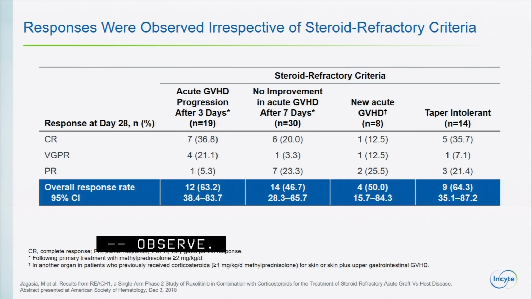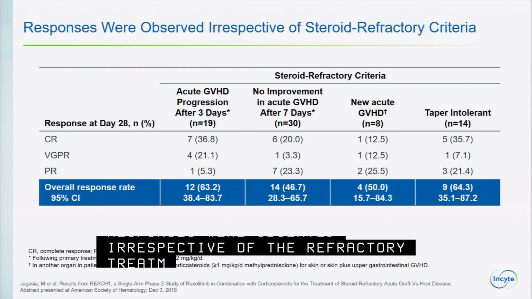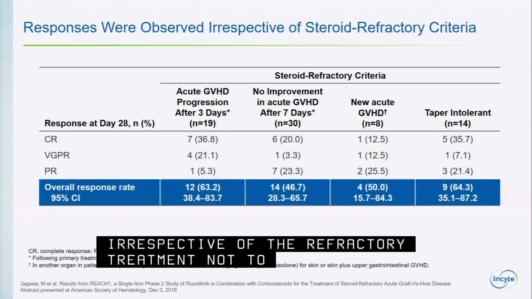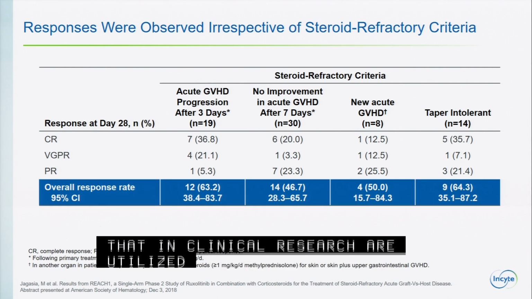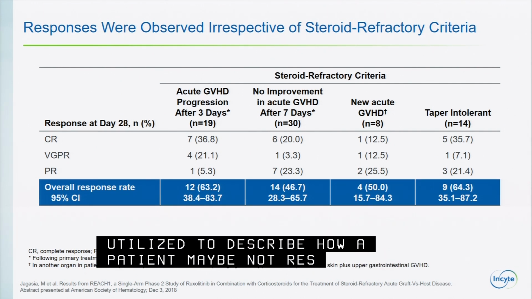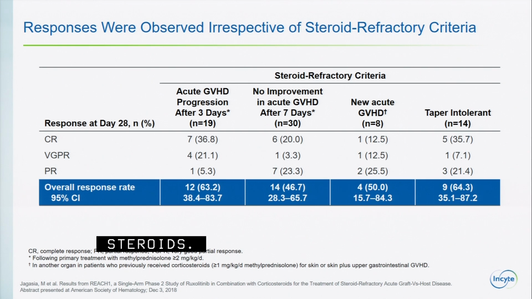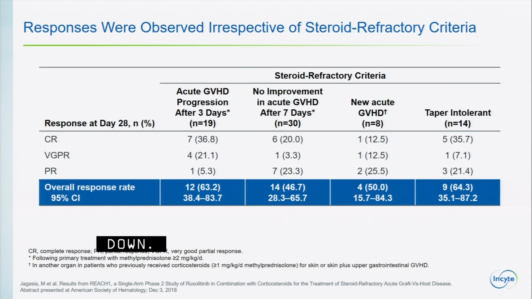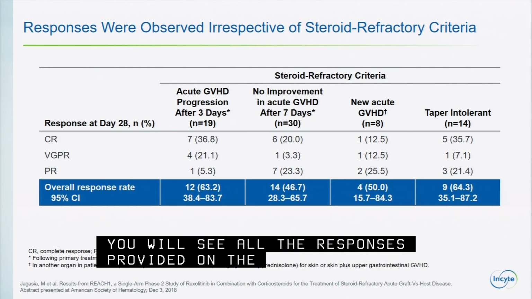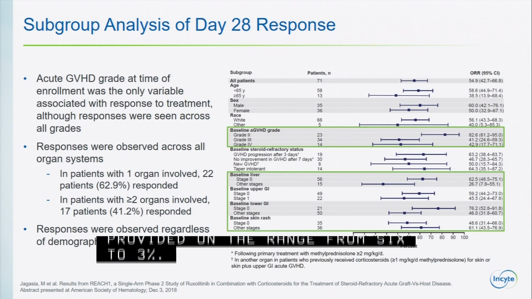Not to go into too much detail, but there are various different definitions utilized in clinical research to describe how a patient may be not responding adequately to steroids. So we just wanted to break the data down. If you look through the blue row here, you'll see all the responses provided. They range from 46 to 63% in various different definitions of steroid refractory.